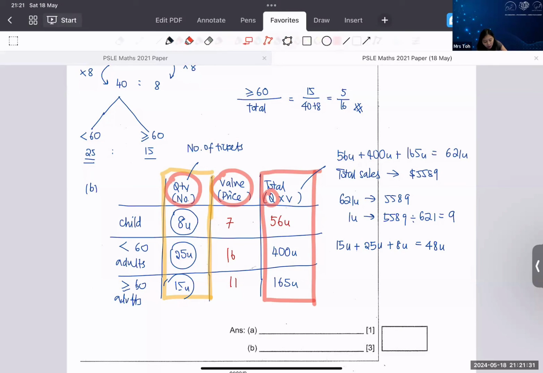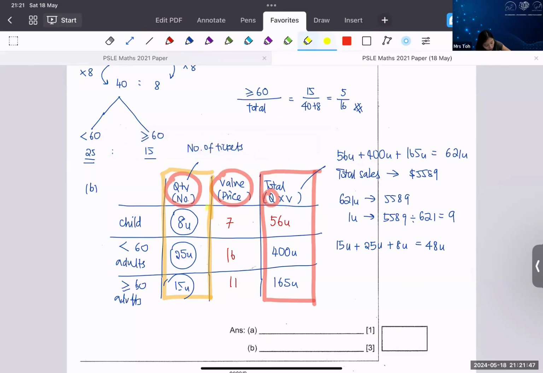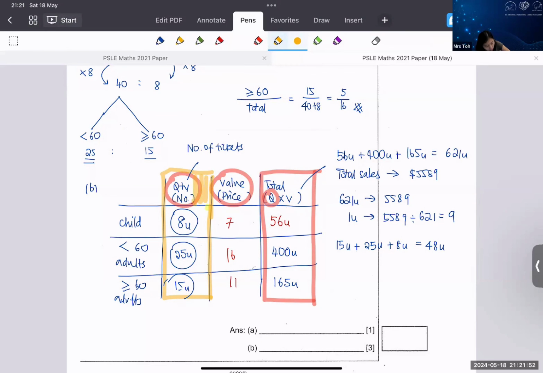If you want to find the value from selling child tickets, you look for 56. If you want to know the value of selling adult tickets that are less than 60 years old, it's 400. That is for the value. But if you want to know the specific number of tickets, you have to go to the column that says quantity. This column, quantity, is important. So we add up everything, we get 48 units, so 48 units will be 9 times 48. The answer will be what you have gotten, which is 432.